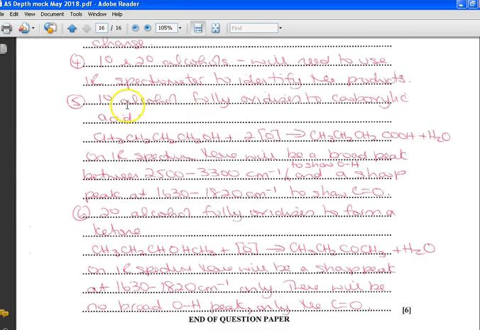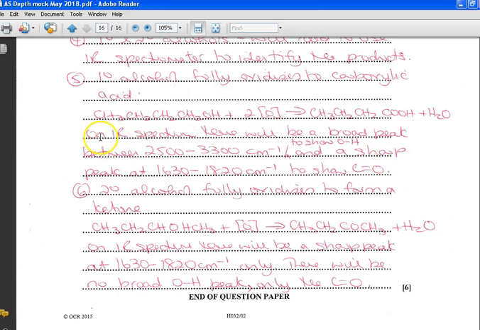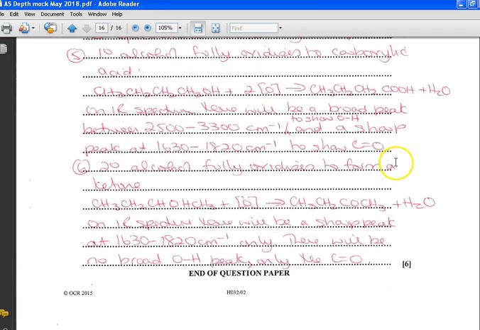So your primary alcohol obviously will fully oxidise because we've refluxed it to a carboxylic acid. So you can write the equation out for that. And also on our infrared spectrum, because it's a carboxylic acid, we'll have a very broad peak between these values showing the OH group, and a sharp peak between these values showing C=O.